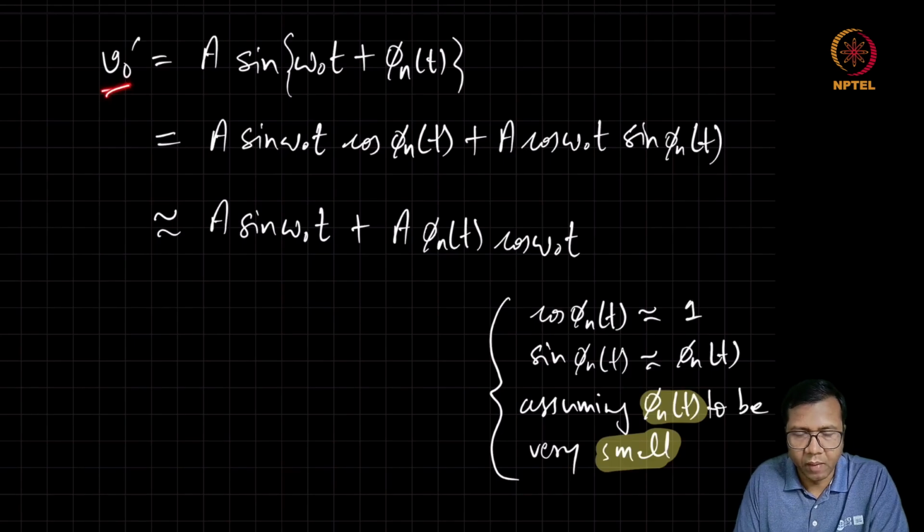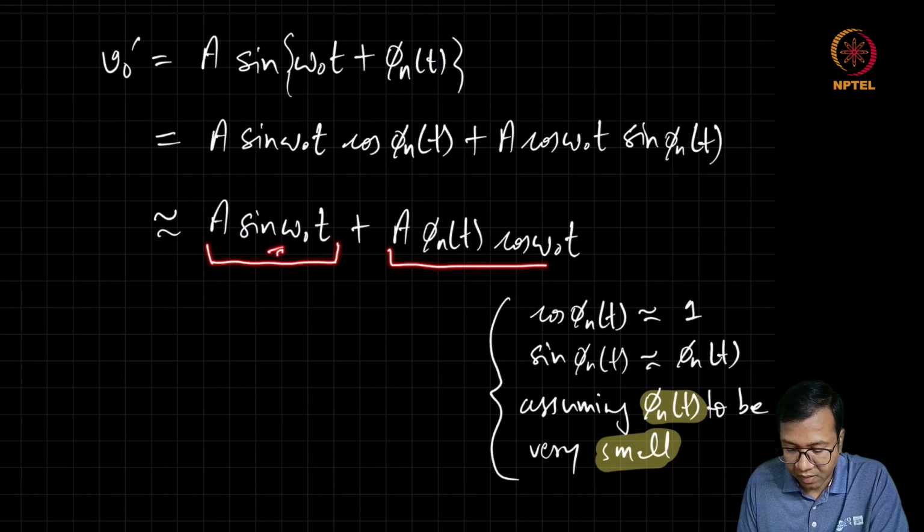So we can approximately write the output of a noisy oscillator as the sum of the output of an ideal oscillator plus another term which is an amplitude modulated carrier signal, and this amplitude is modulated by the phi n or the phase noise.